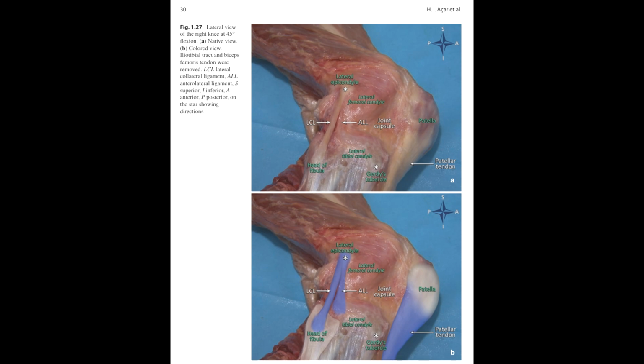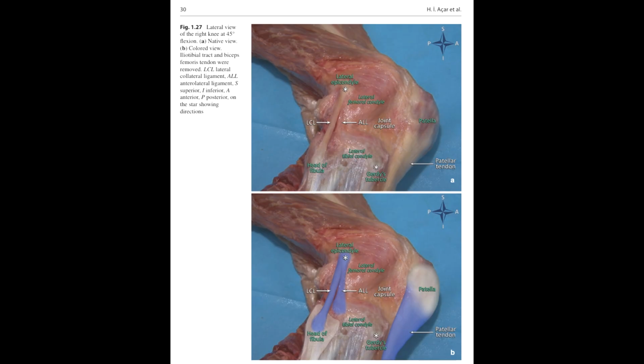It is extracapsular, meaning it does not blend with the joint capsule. In fact, there is a clear separation between the lateral collateral ligament and the lateral meniscus. This anatomical detail explains why lateral meniscus tears are less frequently associated with isolated lateral collateral ligament injuries.